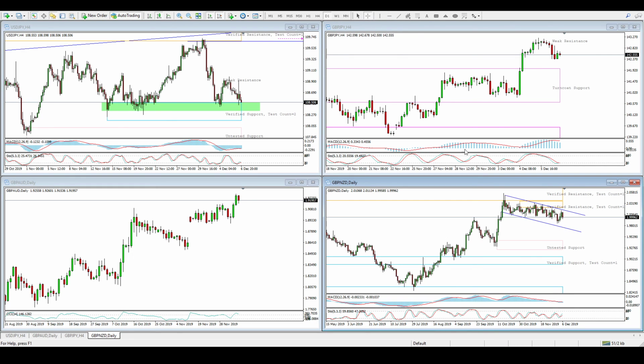So if we sell here at the open, we are looking at about 200 pips. That's not bad. And then from here we will be buyers.